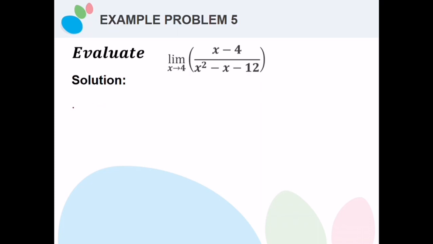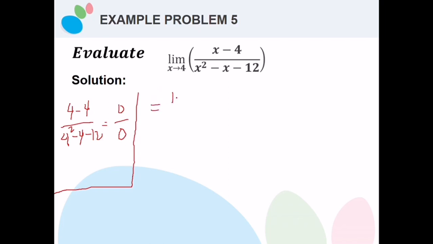If we directly substitute x approaches 4, this is 4 minus 4 divided by 4 squared minus 4 minus 12. 4 minus 4 is 0, and 4 squared is 16, 16 minus 4 is 12, minus 12 is 0. Therefore, this is also 0 over 0. This is already an indeterminate form, so we need to escape from this and try another method.